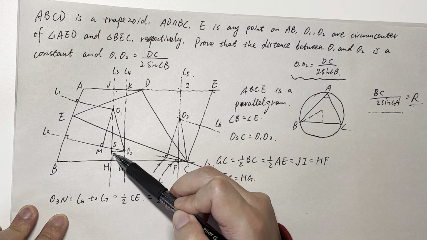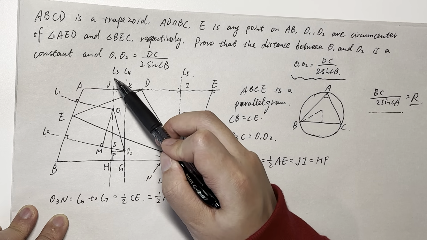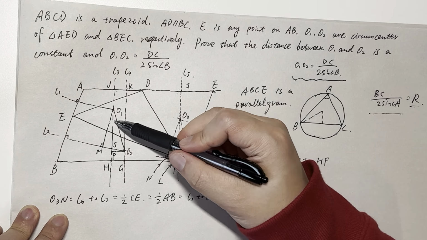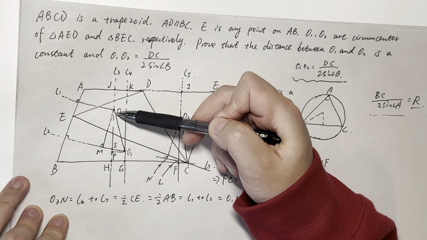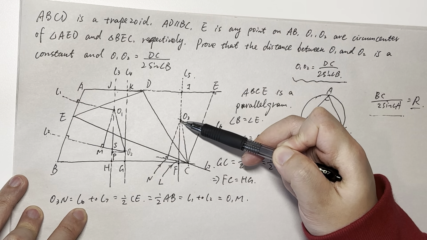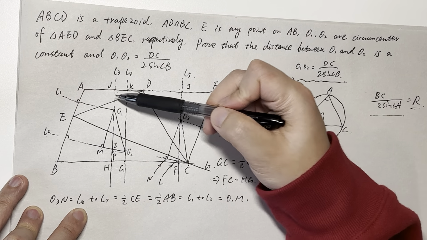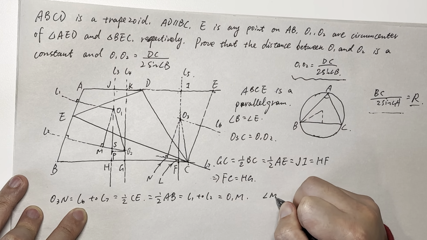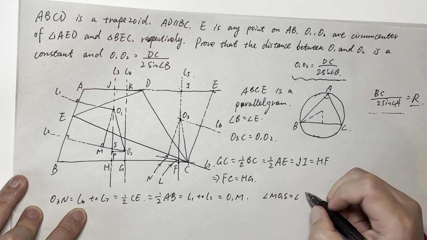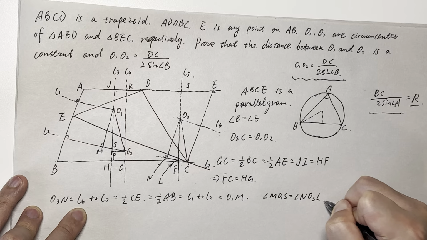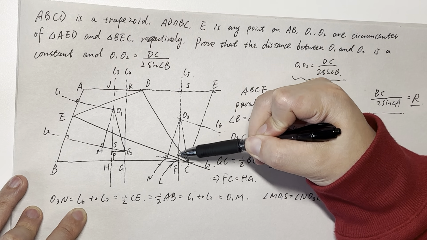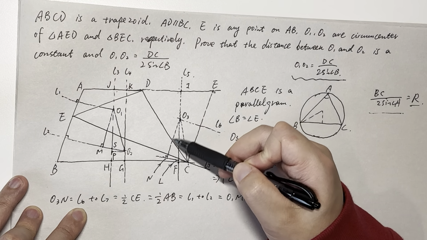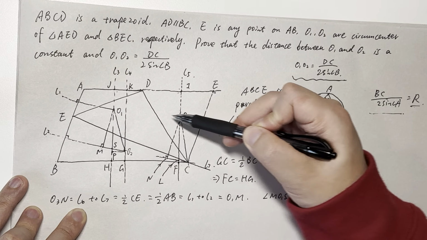We call this point P, and MO2 intersects L3 at point S. Okay, so because O1M is parallel with O3N, and L3 is parallel with L5, we know that angle MO1S equals angle NO3L, right? This angle equals this angle, because this line is parallel with this line.